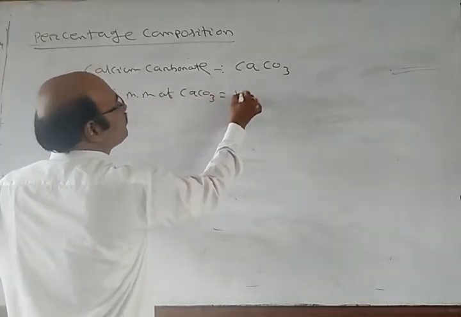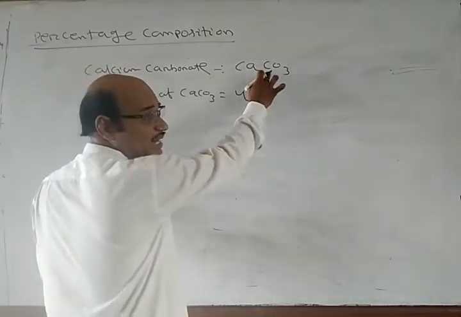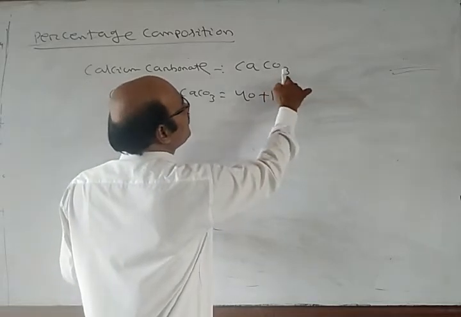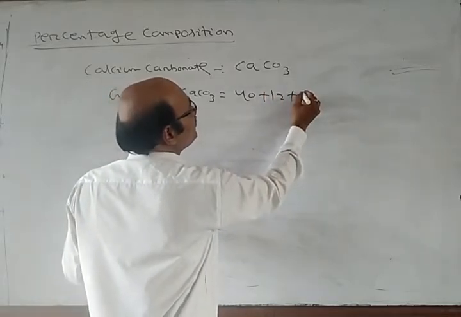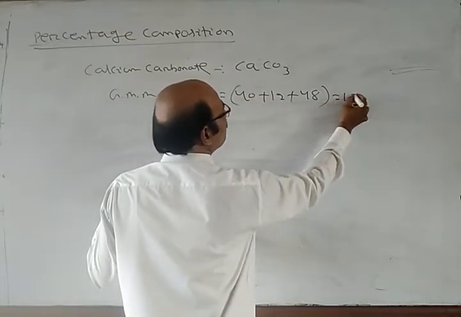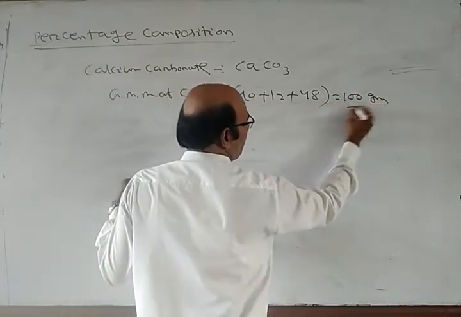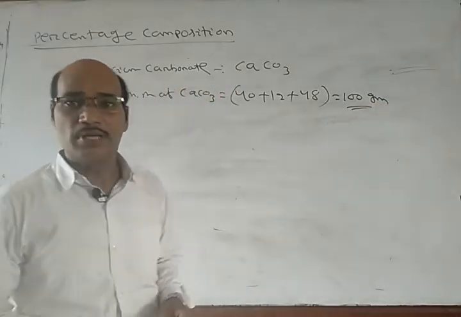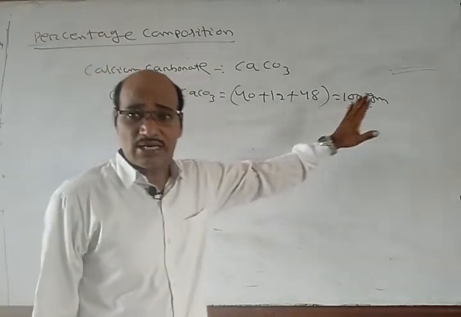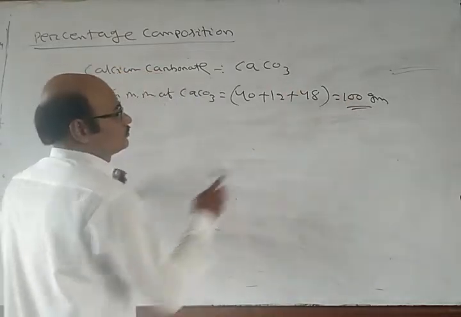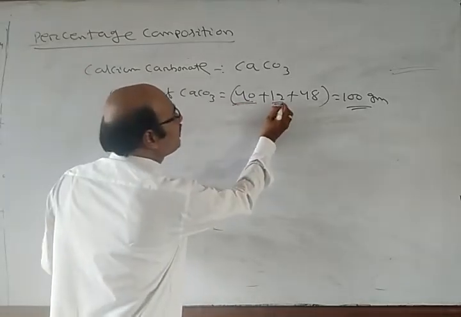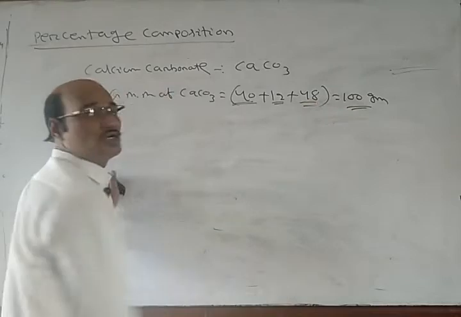Calcium 40 plus carbon 12 plus oxygen 3 into 16, equal 48, equal to how much? 100 gram. Right? So 100 gram of calcium carbonate contains 40 gram of calcium, 12 gram of carbon and 48 gram of oxygen.